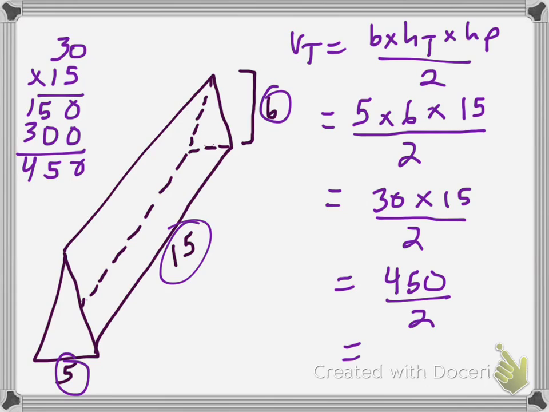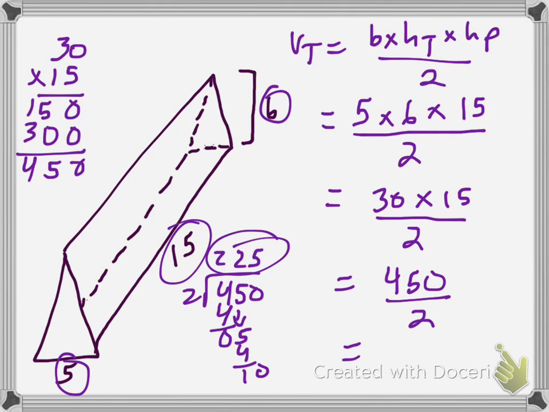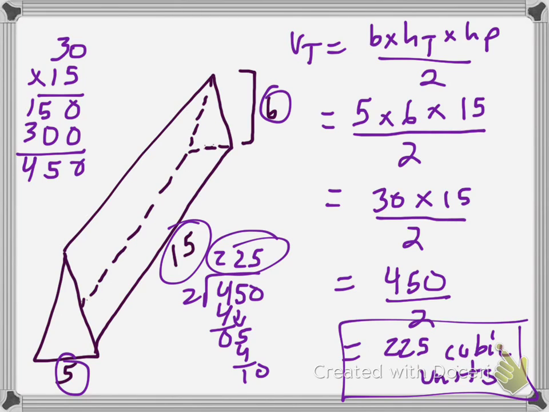And I might need to work that out again. 450 divided by 2. Bring down the 5. Bring down the 0. And that would be 225. And I didn't give you any particular units, so we would just call this 225 cubic units. That would be my final answer.